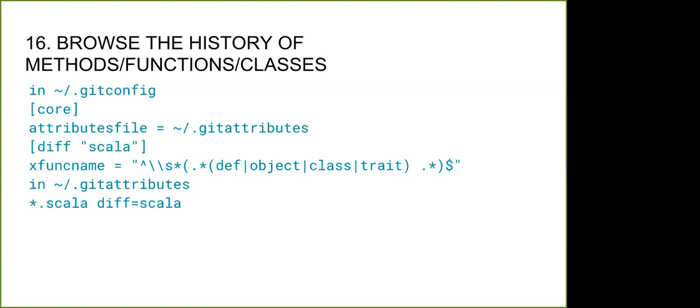It will find the function name. The function name is a definition, object, class, or trait in Scala, and it ends in the gitattributes file. And again, you say *.scala, all the Scala files, diff=scala. So this is a way to do it. I think we are not using this anymore, but it exists because it can help if required. Okay.